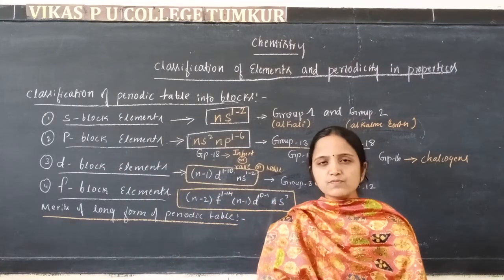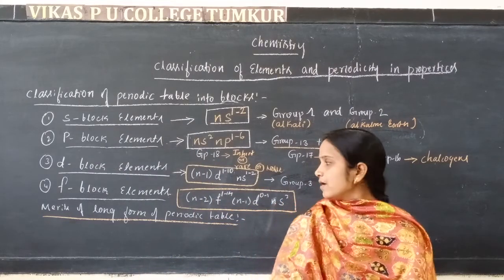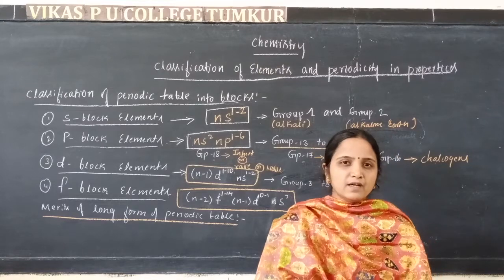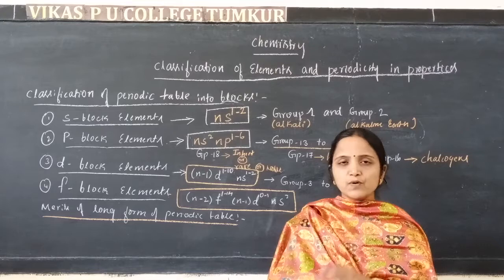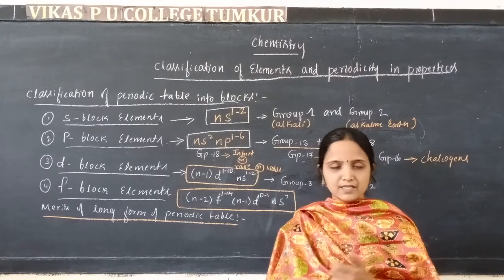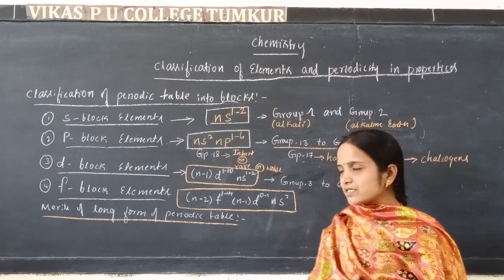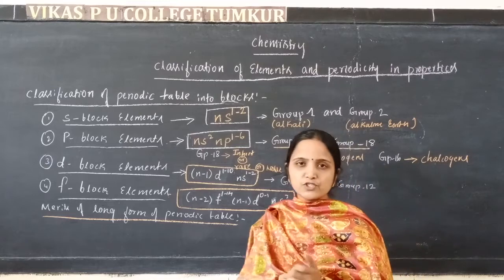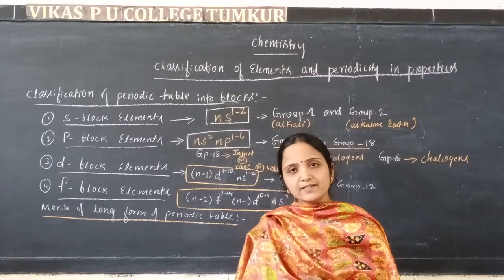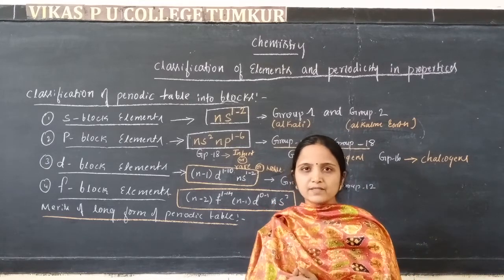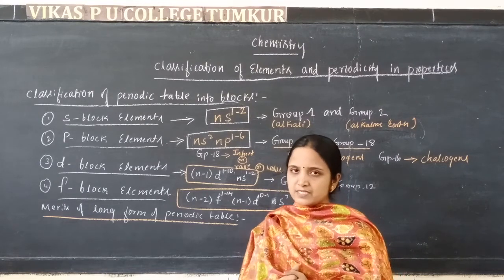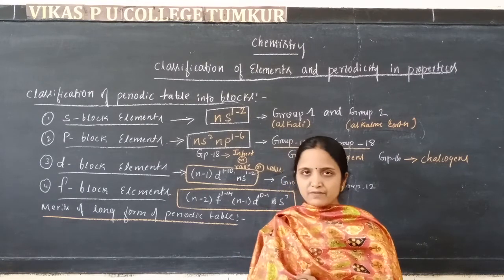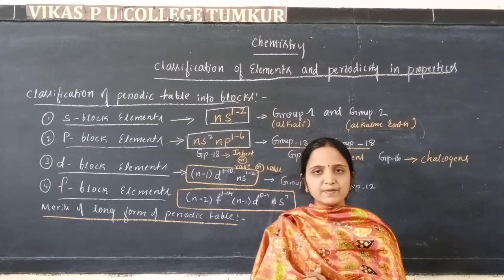Since the periodic table is arranged, we can easily remember the position of any element, and it is also easy to predict the properties. This is one merit of the long form of the periodic table.